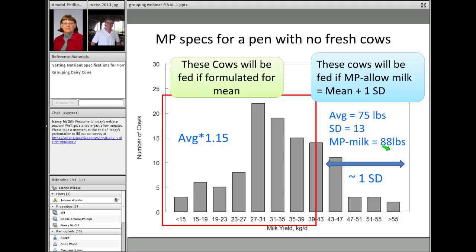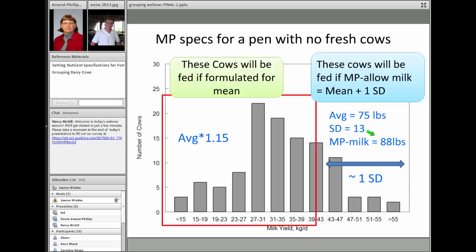So I should be formulating my diet for MP allowable milk at 88 pounds using pen average intakes. So if this pen was eating 50 pounds, I'd punch that in and I'd formulate a diet that had MP allowable milk of 88, not 75.